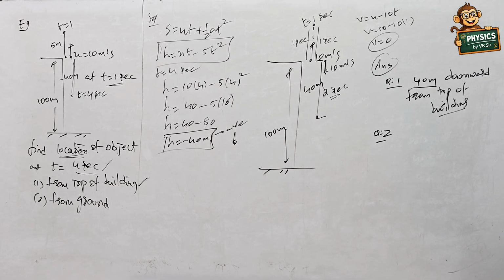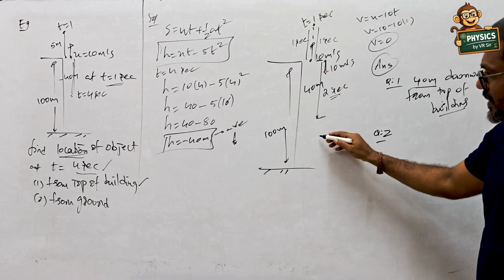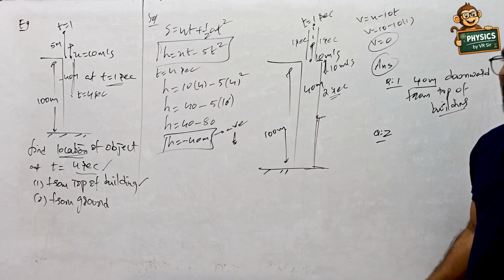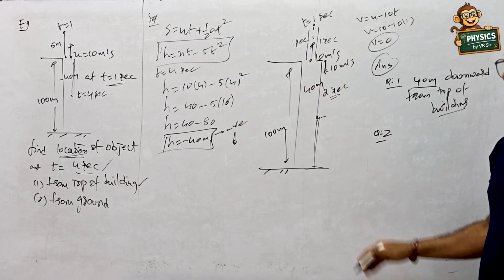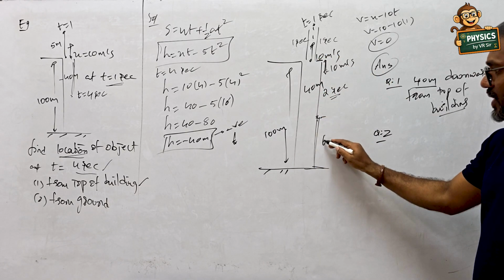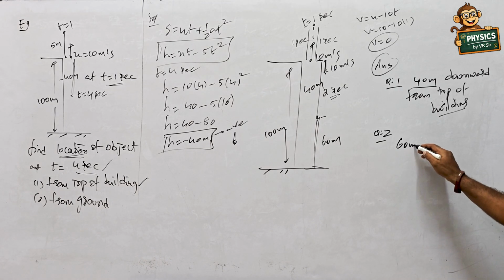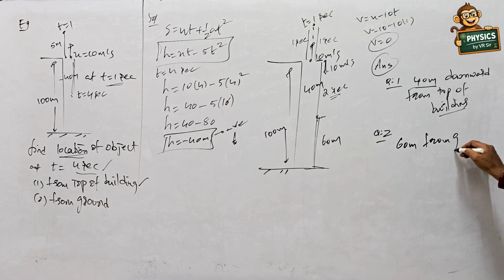Now the answer to question number 2. If it is 40 meters down, how much is this from the ground? The total height of the building is 100, right? Now it has fallen down 40 meters, so what is the remaining distance left over? It's 60 meters from the ground.